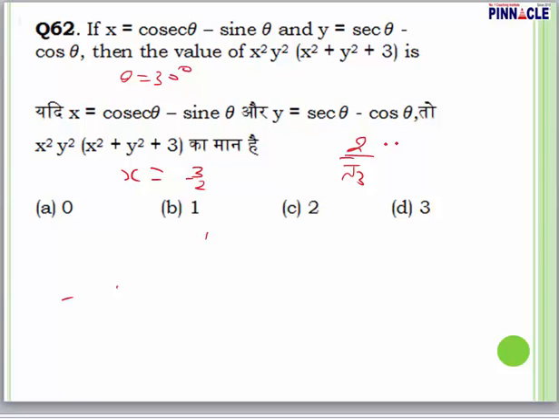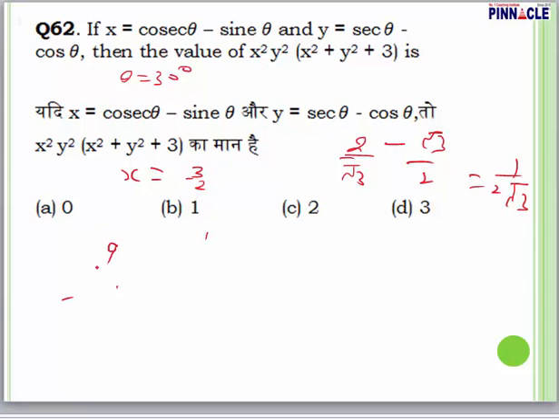Secant 30 minus cos, that is root 3 by 2, which is equal to 2 by root 3 minus root 3 by 2. Take LCM 2 root 3, and then it will be 4 minus 3 by 2 root 3, that is 1 by 2 root 3. Now this is 3 by 2.